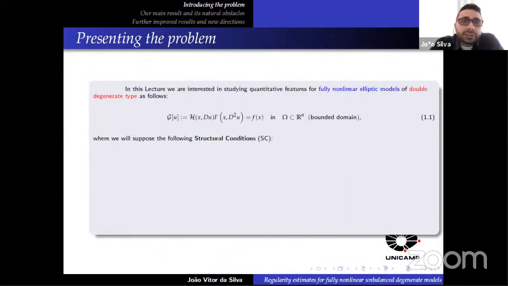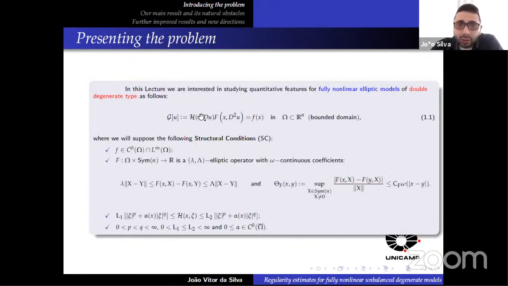Then in our talk, we will consider fully nonlinear elliptic models with double degeneracy, so non-homogeneous degeneracy. We have a second order operator F. It's a (lambda, Lambda)-elliptic operator. What does this notation mean?